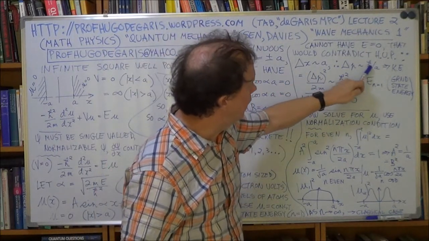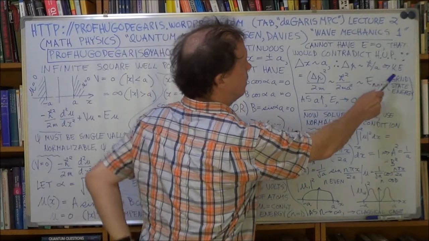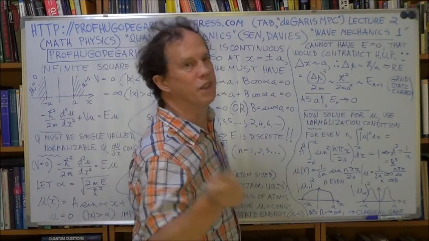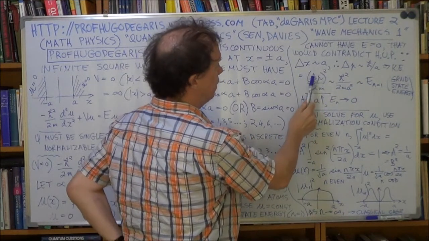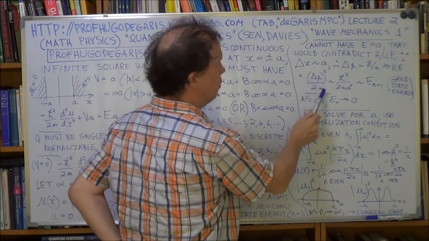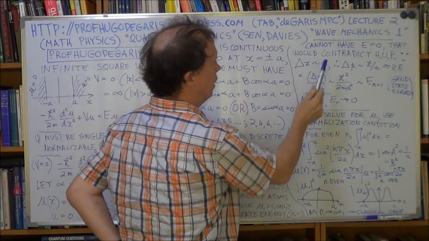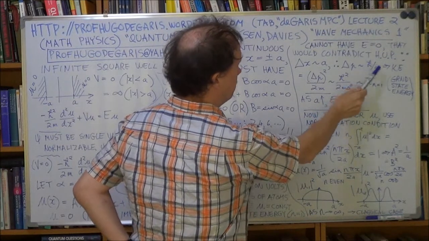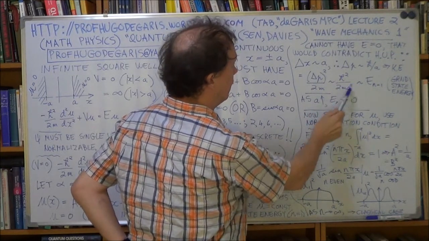So you get h bar over a, and that implies the uncertainty in kinetic energy would be the uncertainty in momentum squared over 2m. That's your kinetic energy, right? So that'll be of the form h bar squared divided by 2m a squared.